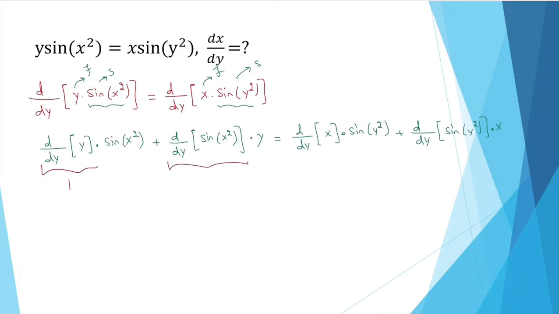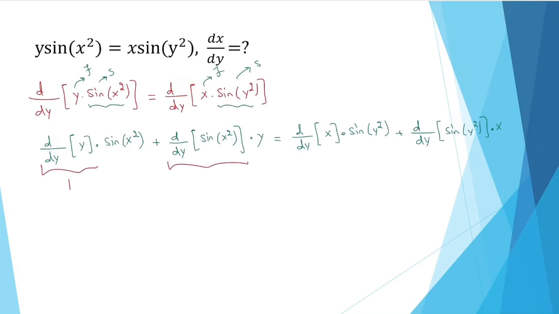What is the derivative of sine x squared with respect to y? Notice the variables are not the same. We have x, but the variable of respect is y in this case. In addition to that, I see a sine of x squared, so I know that I need to use the chain rule anyway. So the chain rule says, start with the outermost function, and the outermost function here is sine.